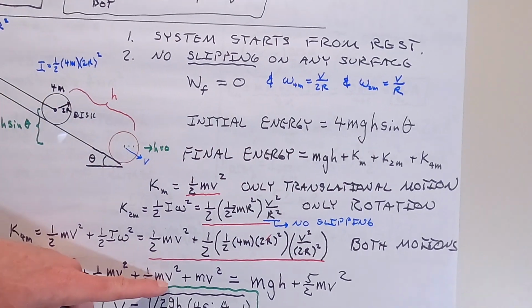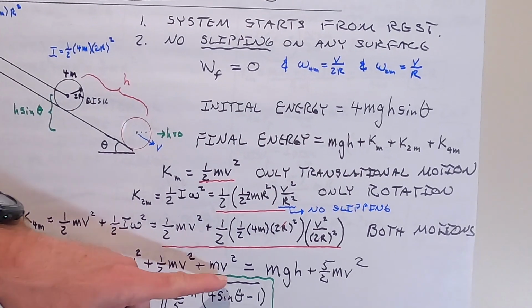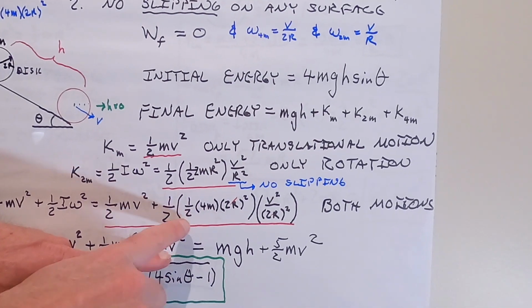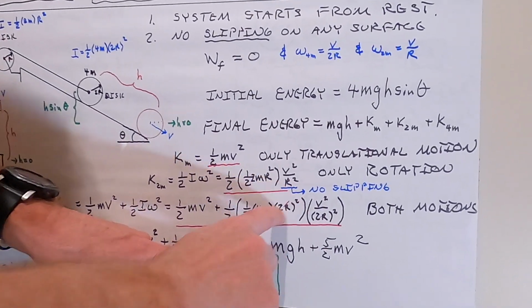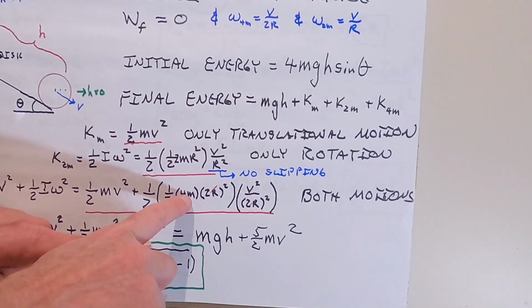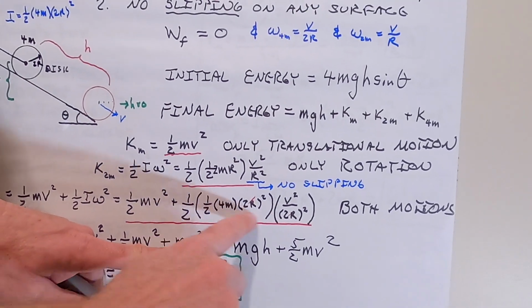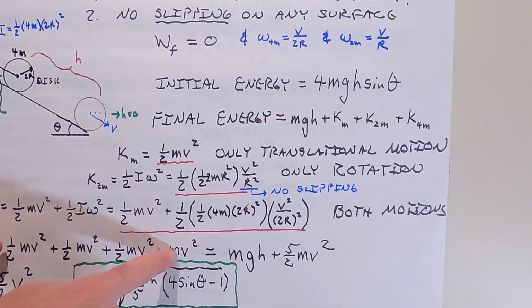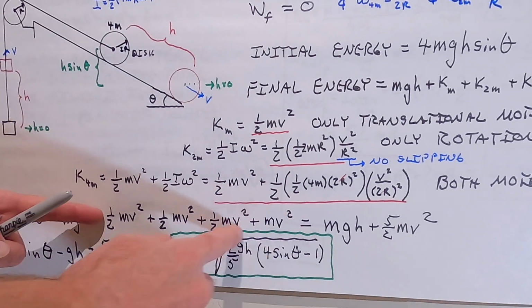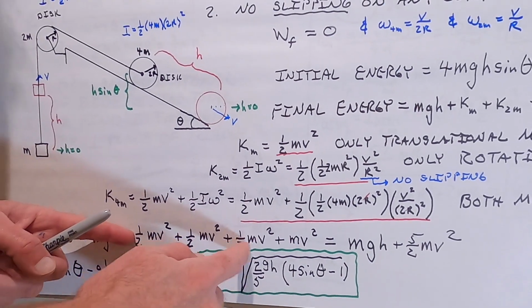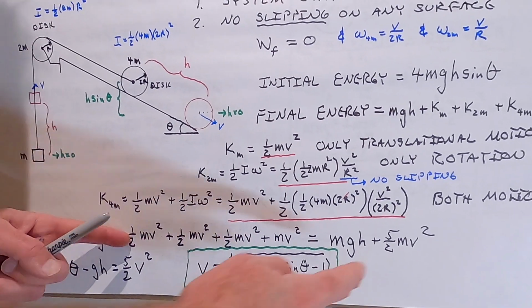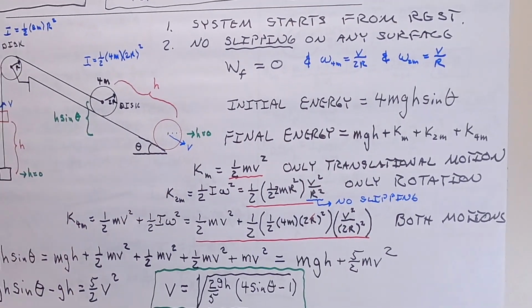We got another 1/2 mv squared there. And then for this last one, the 2r's drop out, the 4 over the 4 drops out, and you just get mv squared. So I can combine all of these terms together. A half, a half, a half, and 1 is 5/2 mv squared.